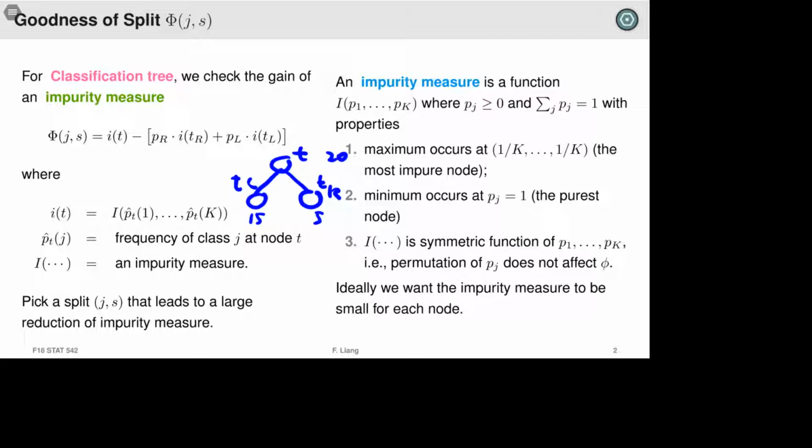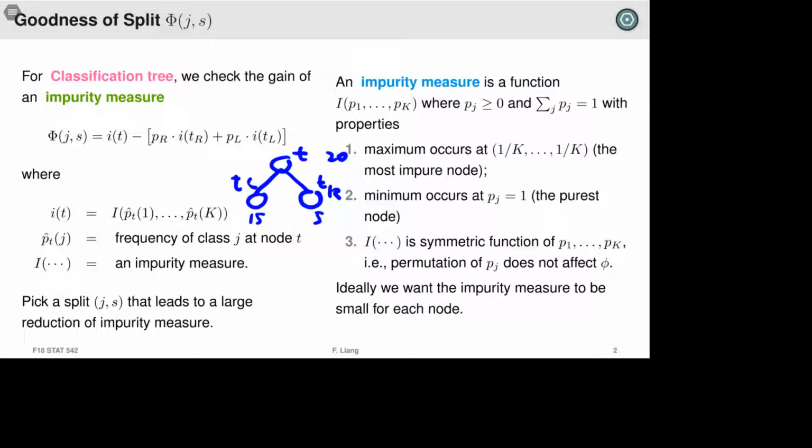And you want this impurity measure to be smallest if you only have observations from one class. So the minimum occurs at one of the pj's equal to 1. That means all the other pj's will be 0. So that's very pure, the opposite of impure. So it's going to be small.